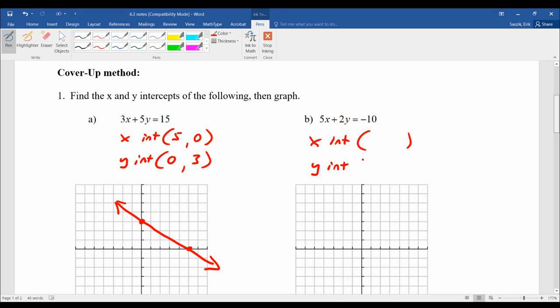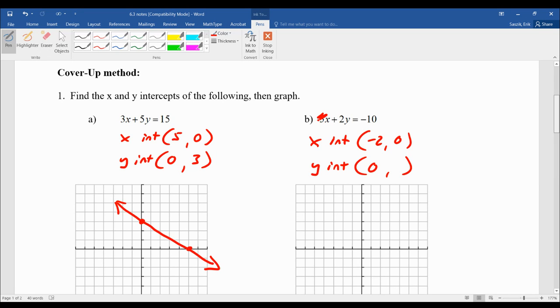So it's just a different technique. But remember, what do all x-intercepts have in common? X-intercepts have in common a y of 0, y-intercepts an x of 0. Now here you've got to be careful because this sign is negative. You've got to pay attention to that. If this is 0, that's y, that goes away. 5 times what is negative 10? It's negative 2.